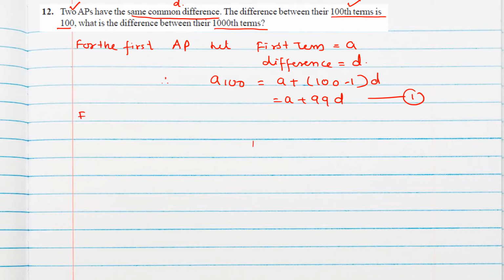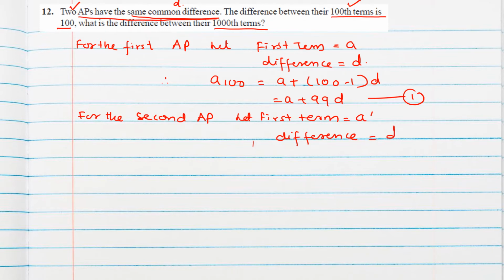Now for the second AP, let the first term be A dash, and the difference will be the same because it is given both APs have the same common difference. So the difference will be D only.